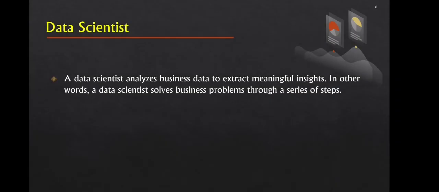So, what is a data scientist? A data scientist analyzes business data to extract meaningful insights, or in other words, a data scientist solves business problems through a series of steps. These steps include determining the problem by asking the right questions and gaining understanding.